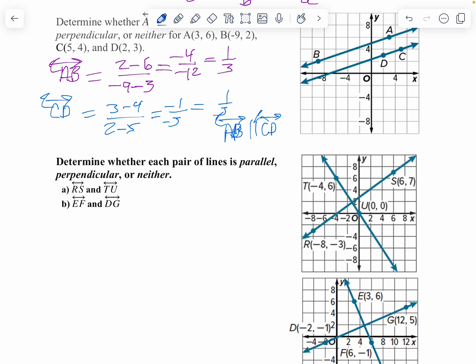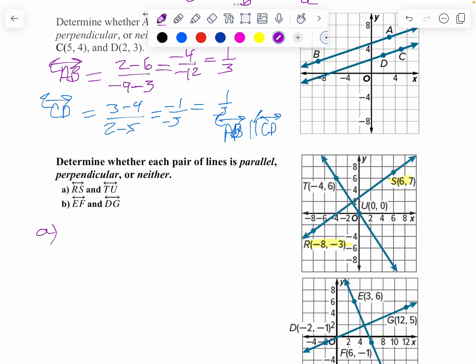Let's start with letter A here. And I'm going to look at the slope of R to S. So R is negative 8, negative 3. S is positive 6, 7. So then what we are going to do is subtract our y's.